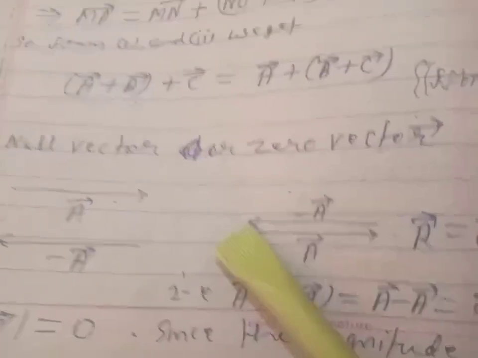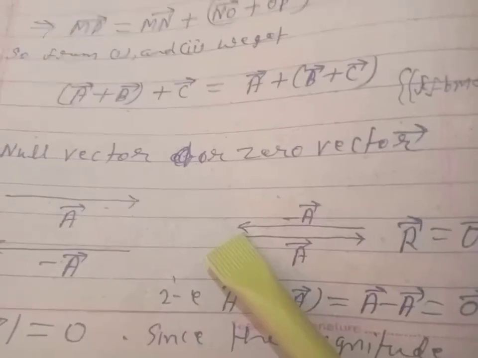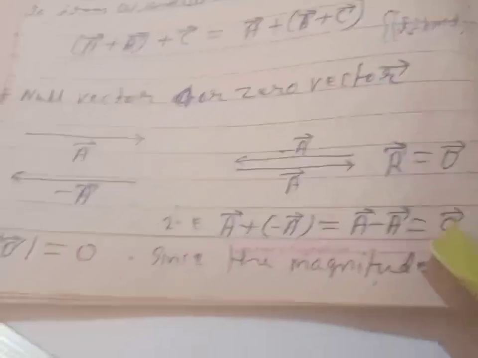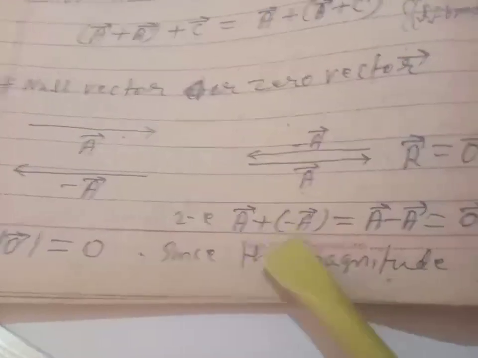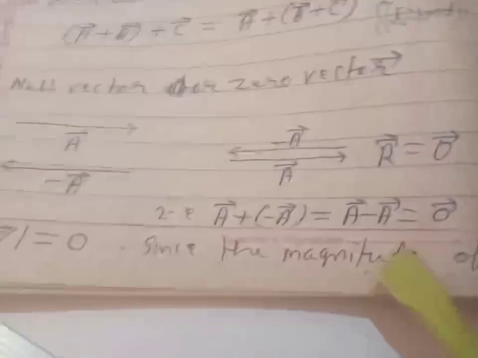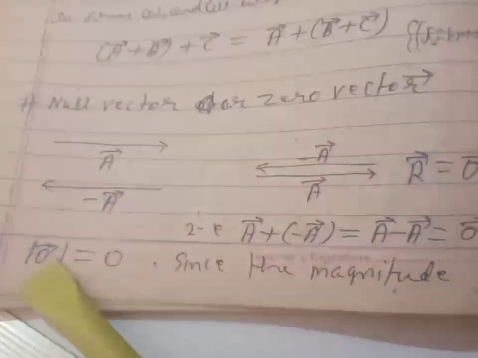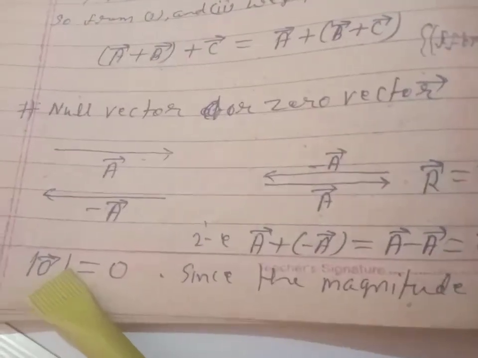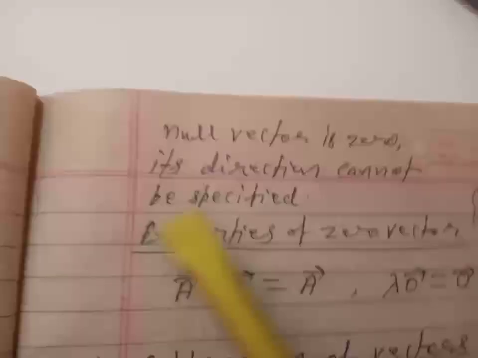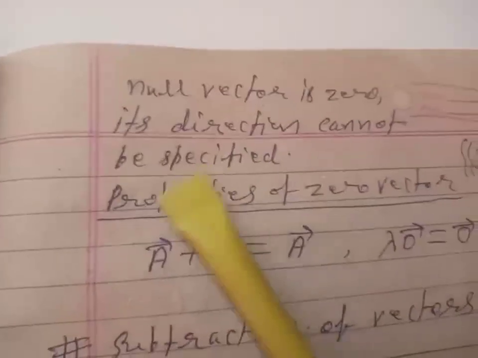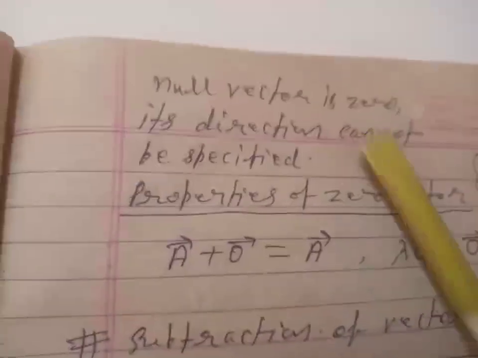There is no distance between the tail of A and the head of minus A, so it represents R equals the 0 vector, that is A plus minus A equals A minus A equals 0. The mod of the 0 vector, that is the null vector, equals 0. Since the magnitude of the null vector is 0, its direction cannot be specified.